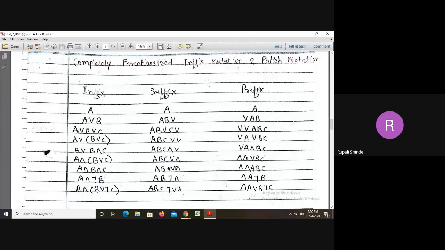Now look at the next one, A or (B or C). Here that B or C is given in brackets. Bracket means we have to give highest priority to solve that bracket. So first of all, we have to solve this bracket. What will be the suffix for this B or C?